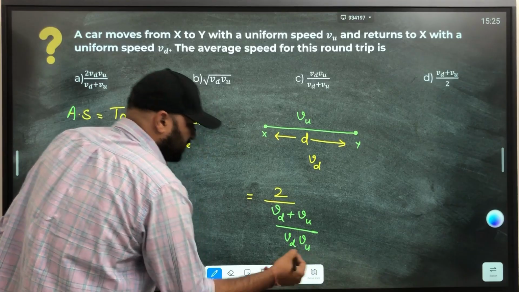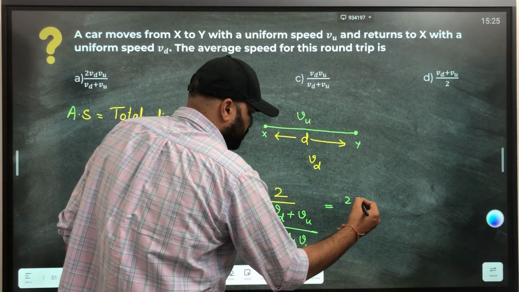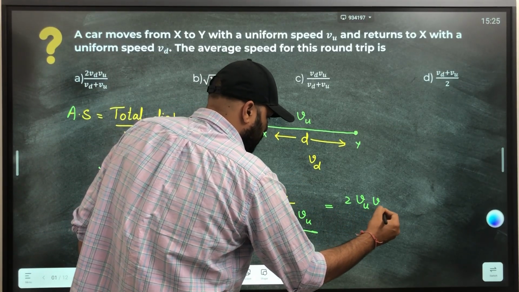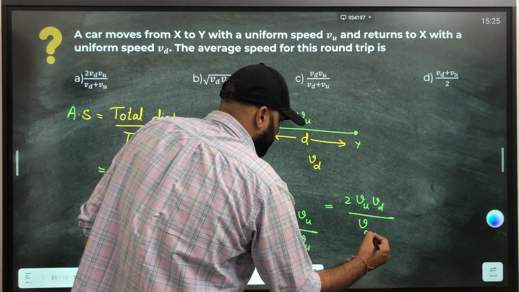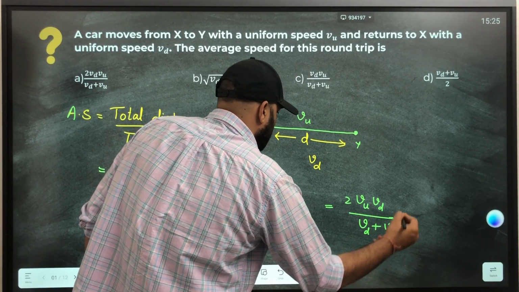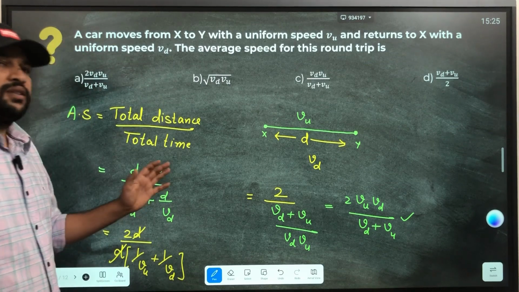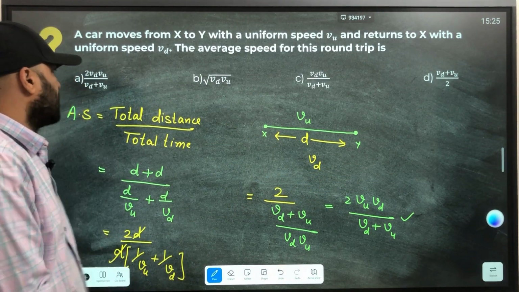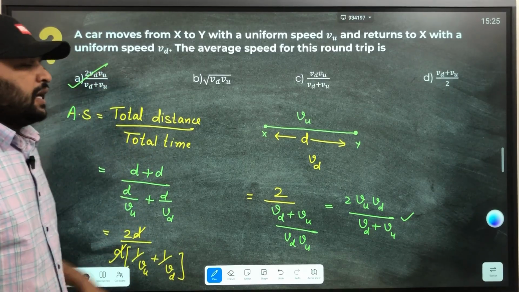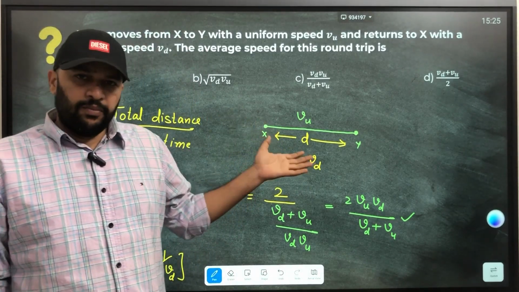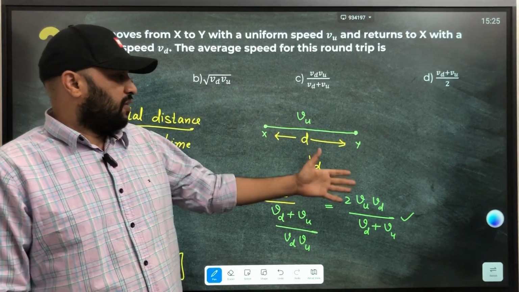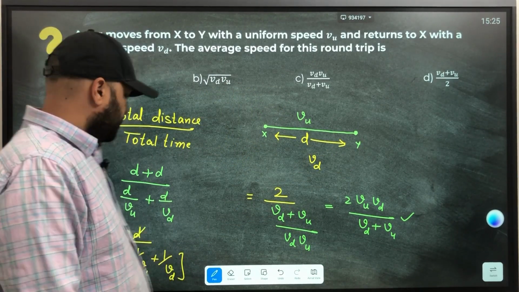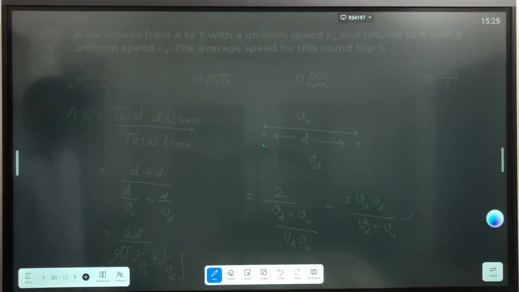Taking this to the top, it is straight away 2 vu vd divided by vd plus vu. You can directly write this. If you already know this relation, you can remember it and say that option A is correct. In case you don't remember this relation, I have already solved it for you. Let's move to our next question, question number 2.